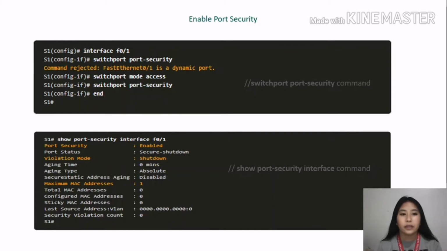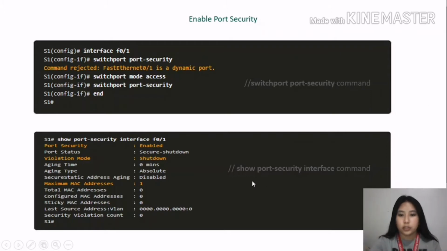By default, Layer 2 switch ports are set to dynamic auto or trunking on. Therefore, in the example, the port is configured with the switchport mode access interface configuration command, and then the switchport port-security command.